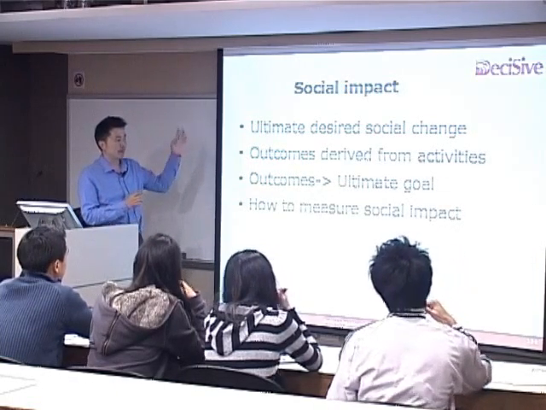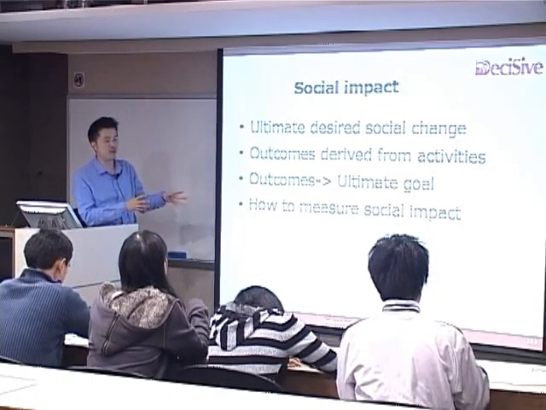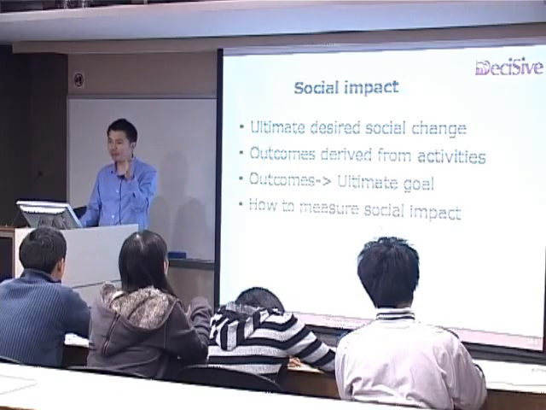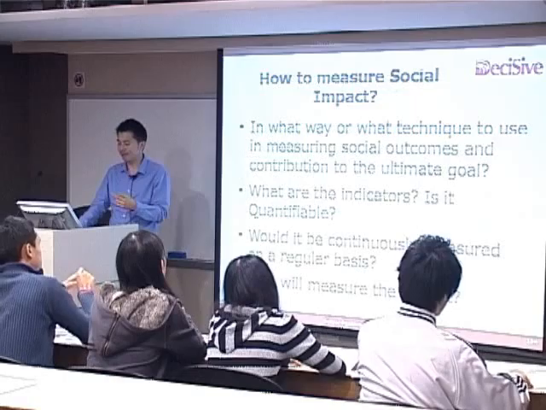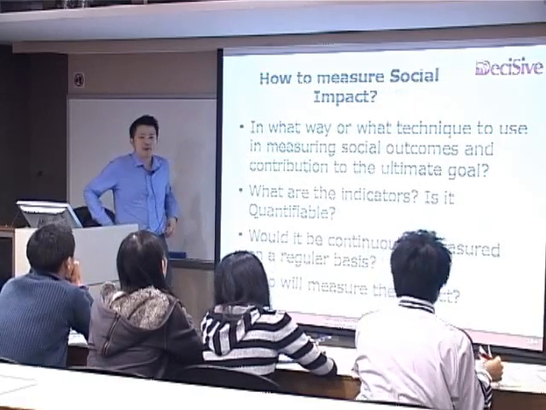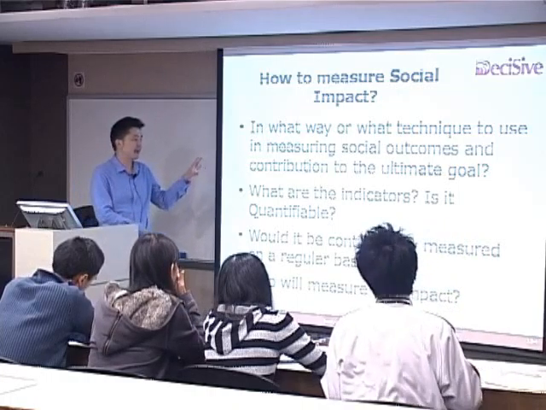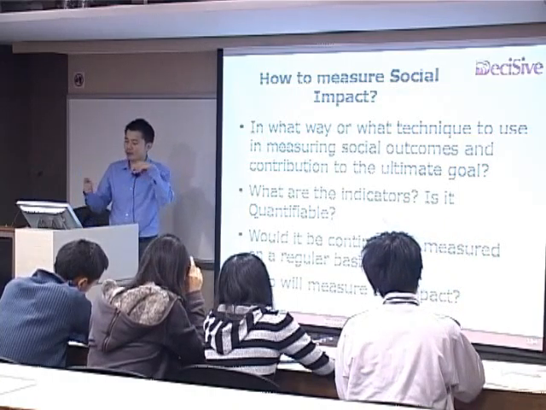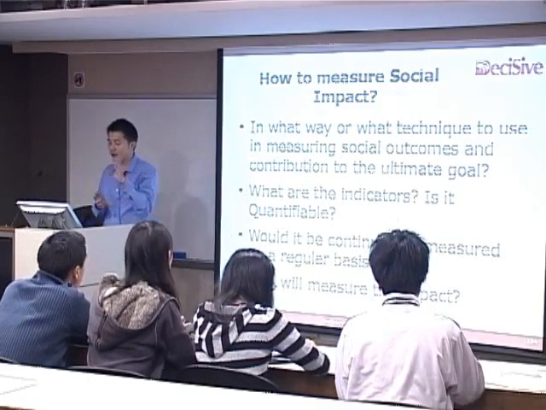And finally, can you measure the social impact? We're going to introduce a framework of how you try to measure the social impact. Now, this is not yet a proven model, but I want to give you some ideas so you can describe it in your plan if you want. You can look at it as the social outcome and the contribution to the ultimate goal.